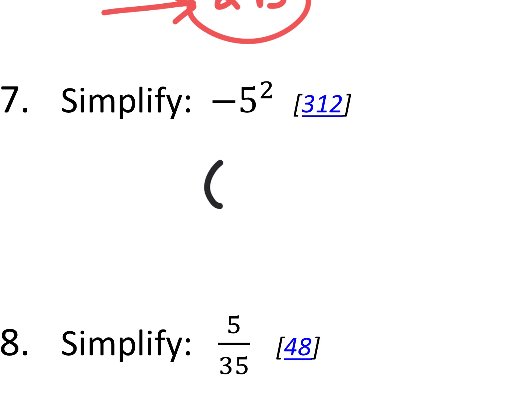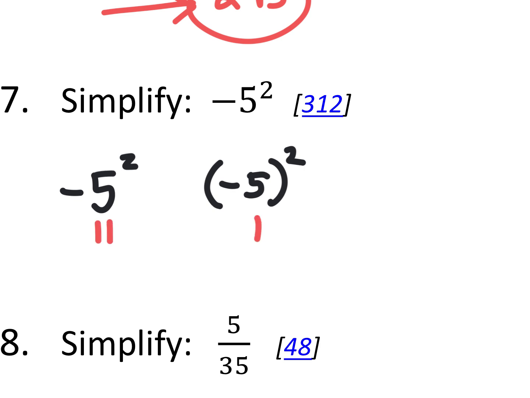All right, the thing that you need to get clear is that there's a difference between this and this. Try typing this one in on your calculator and try typing this one in on your calculator exactly as you see it with the parentheses. And this one will come out to positive 25 and this one will come out to negative 25. I know some of you won't believe me, so believe your calculator then.